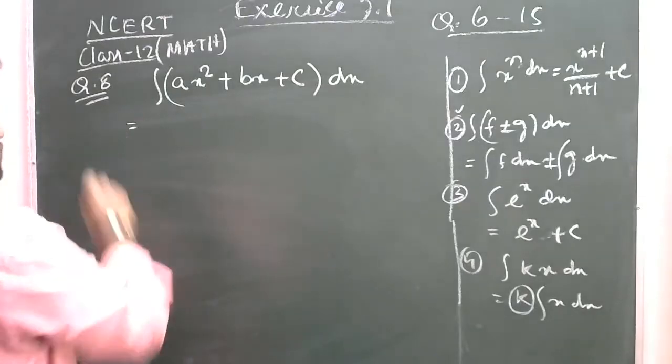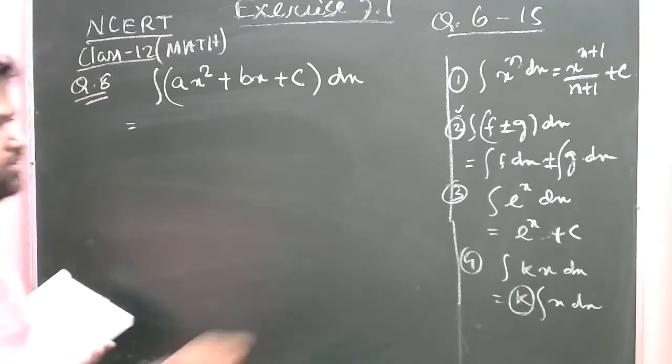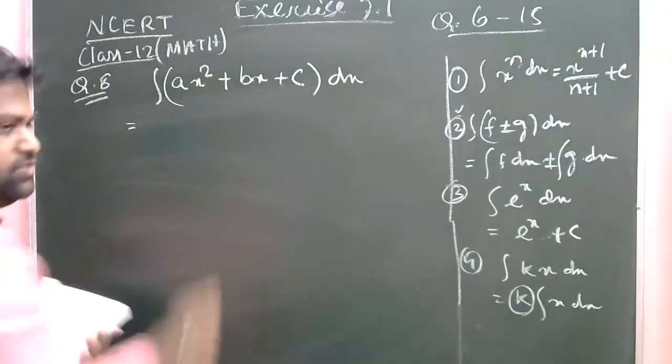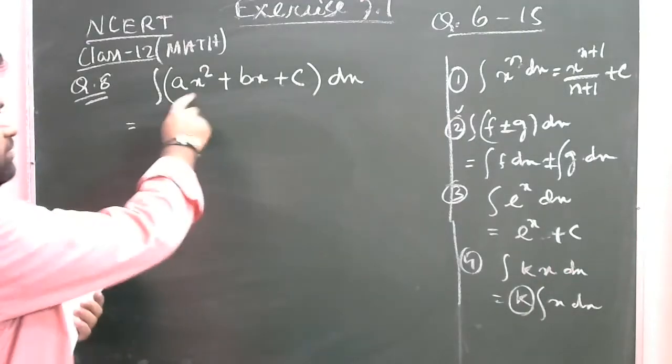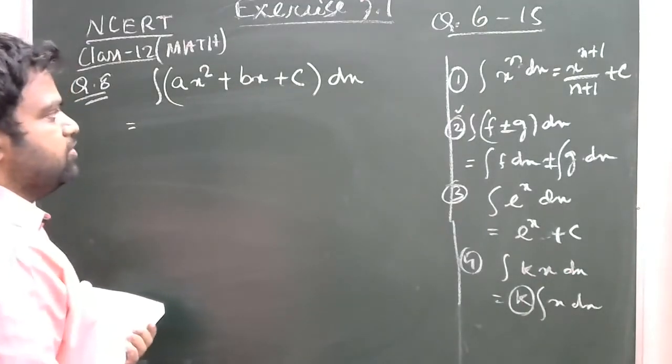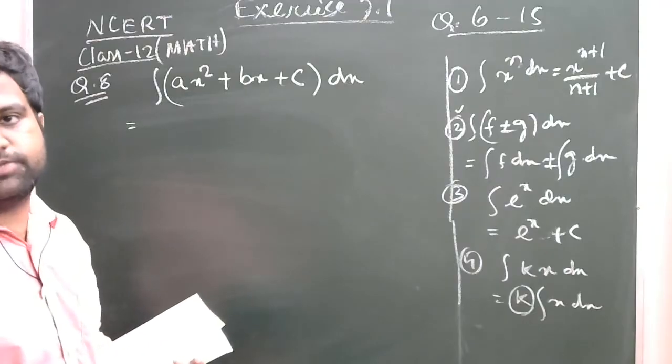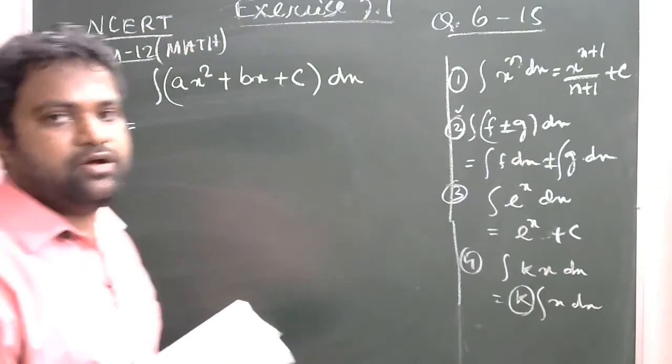So what we'll do? Use the individual term rule, right? And a, b, c small, these are constants. Small a, small b, small c, these are the constants.